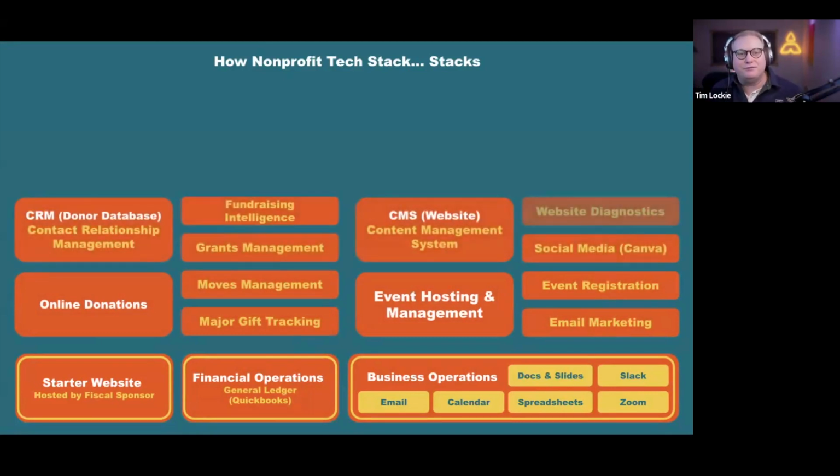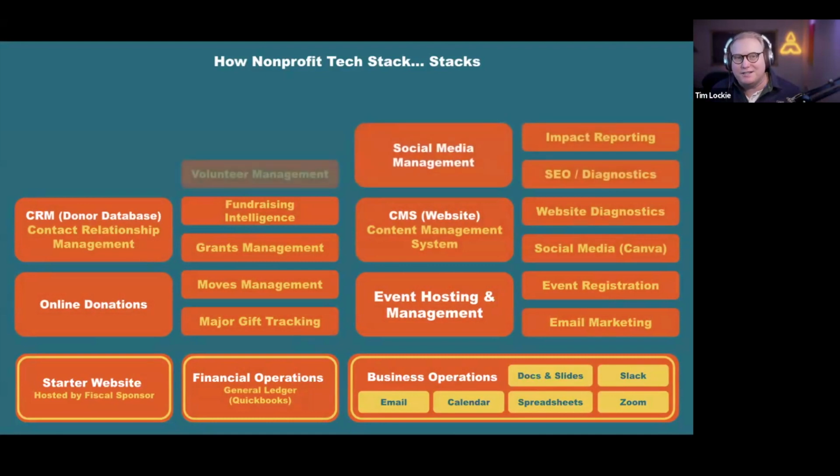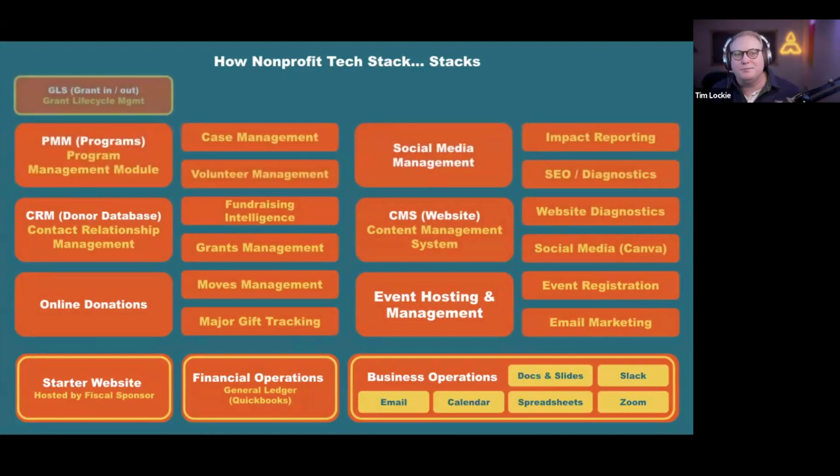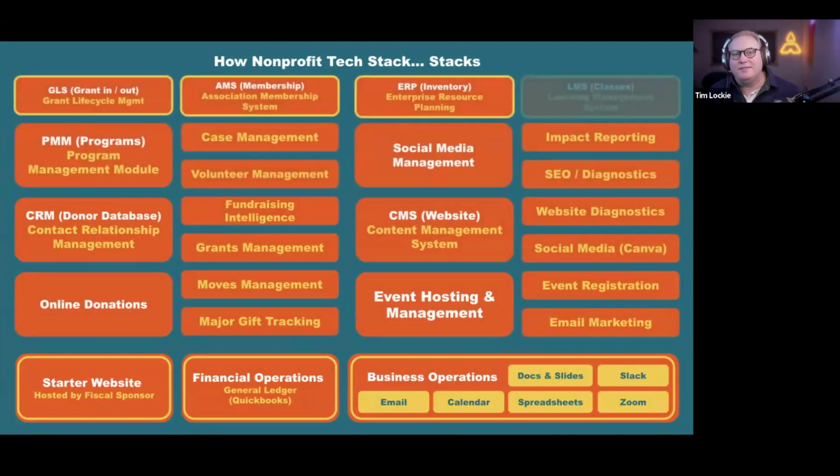But from the first one, the starter website and the financial operations, all of those were legitimate tech stacks. And there are about 34 boxes on here. So when your team says we've got too many systems, just keep in mind there's 34 types of systems. If you double up any of them, you have more than 34.